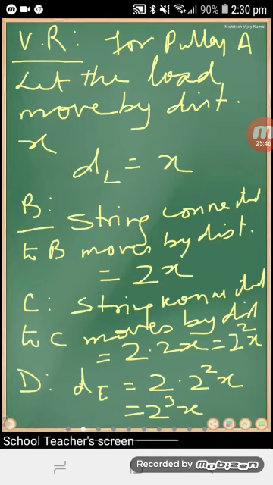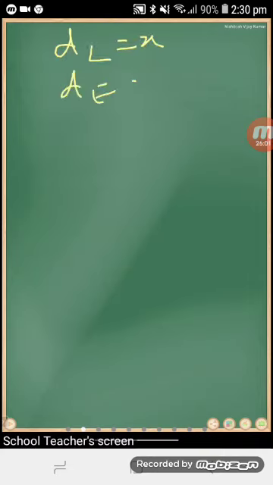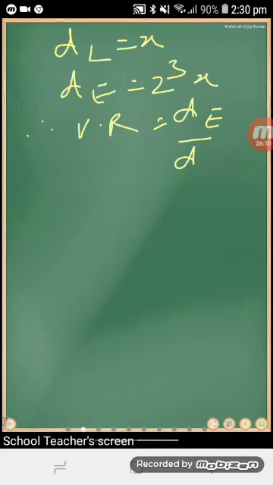Okay. So now the distance moved by the effort is 2 to the power 3x. Distance moved by the load is x, and therefore if we calculate, dL comes out to be x, dE comes out to be 2 to the power 3x, and therefore velocity ratio, which is equal to dE by dL, will be equal to 2 to the power 3x by x.